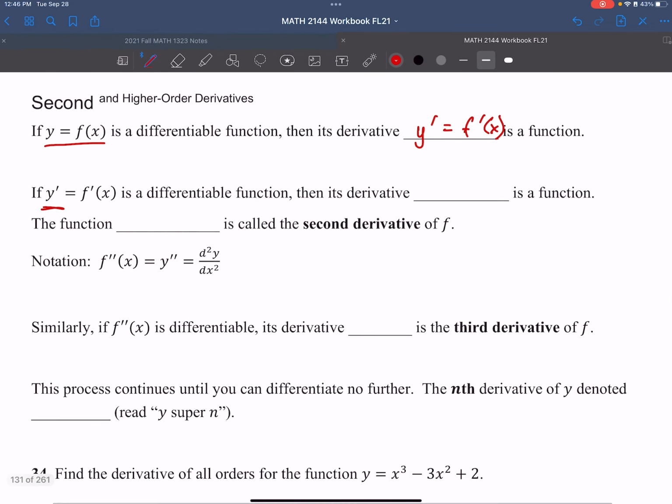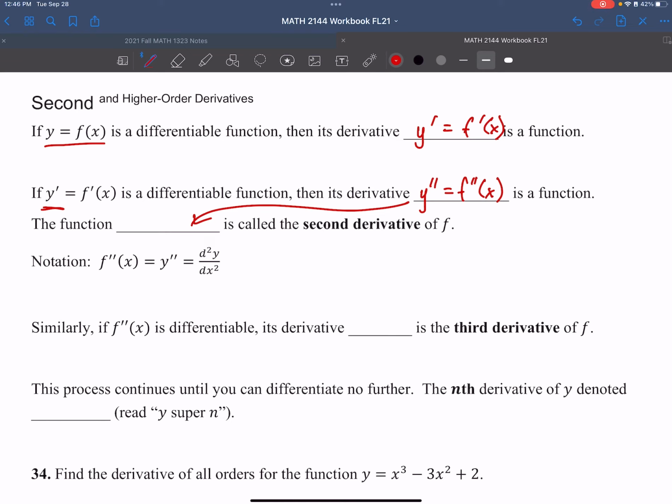And if that is also a differentiable function, then its derivative, y double prime or f double prime of x, is also a function. That function is called the second derivative.